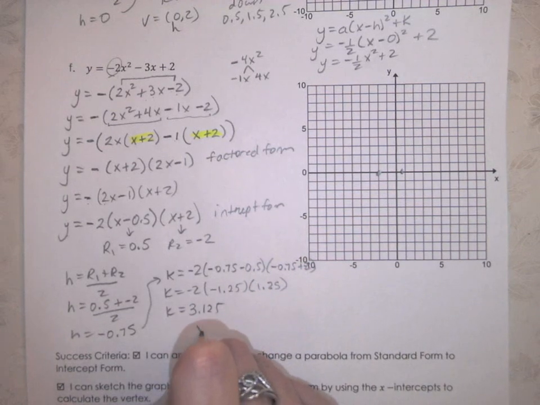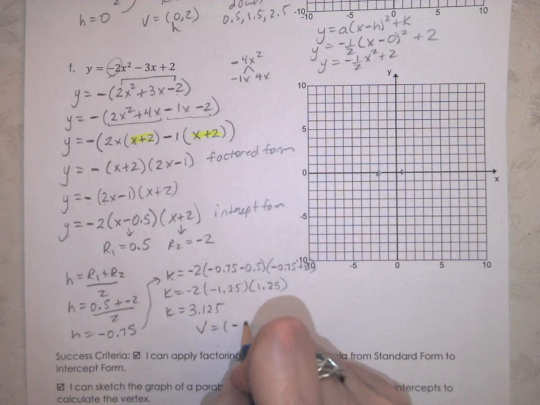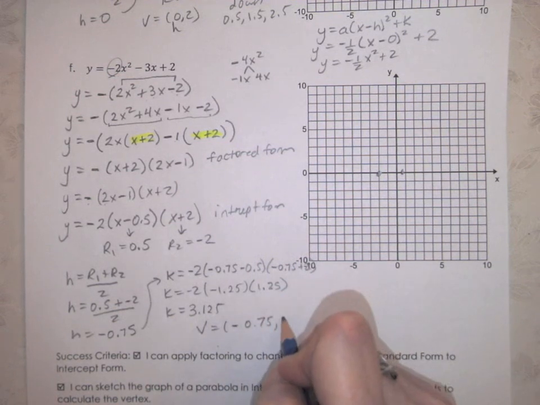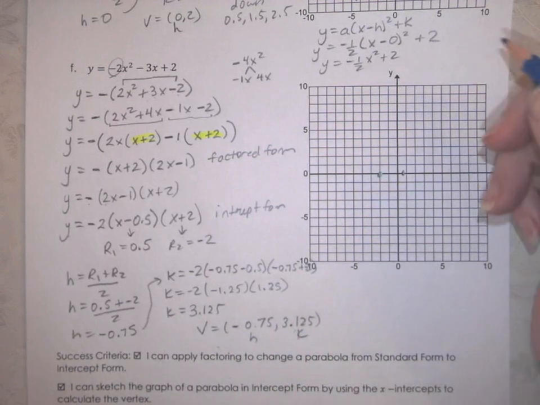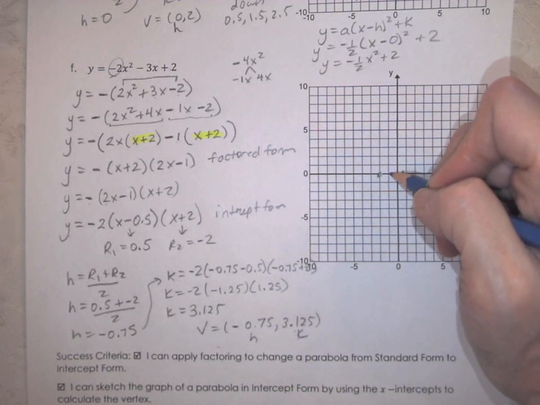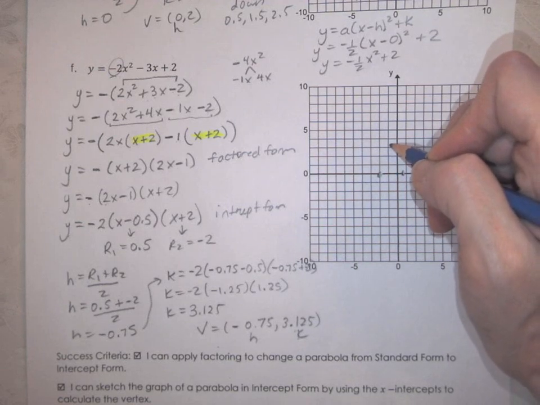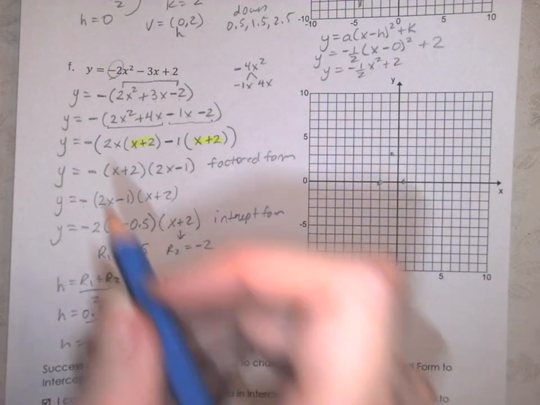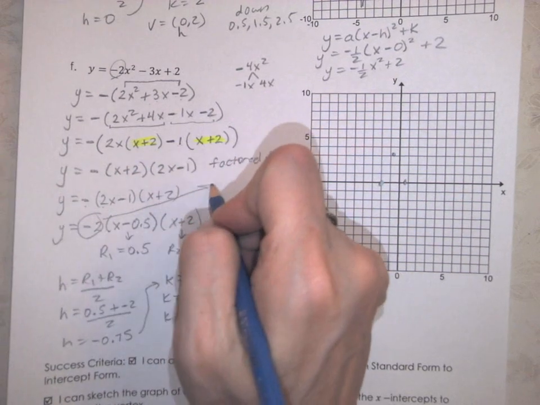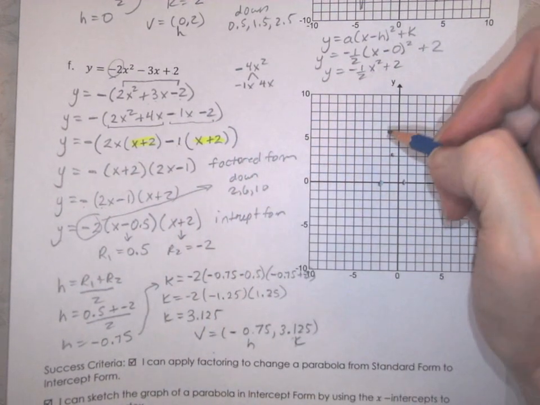Which means our vertex is going to be at negative 0.75 and positive 3.125. So that negative 0.75 is negative 3/4, which is about here, and up to 1, 2, 3, just above 3. So there's your vertex. And our step number is -2, which means down 2, 6, and 10.